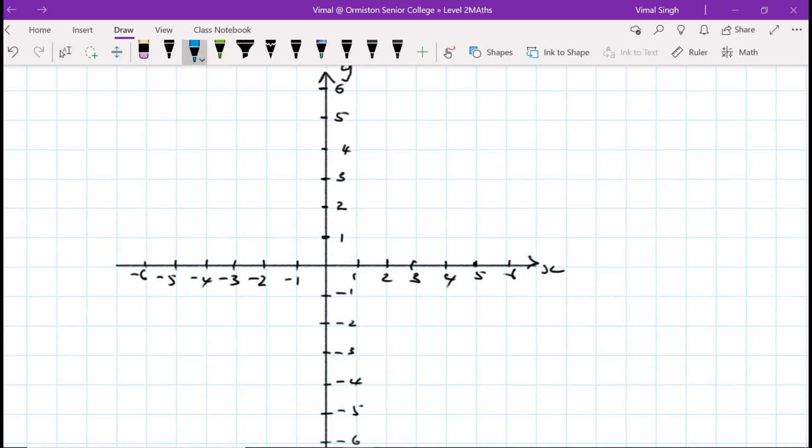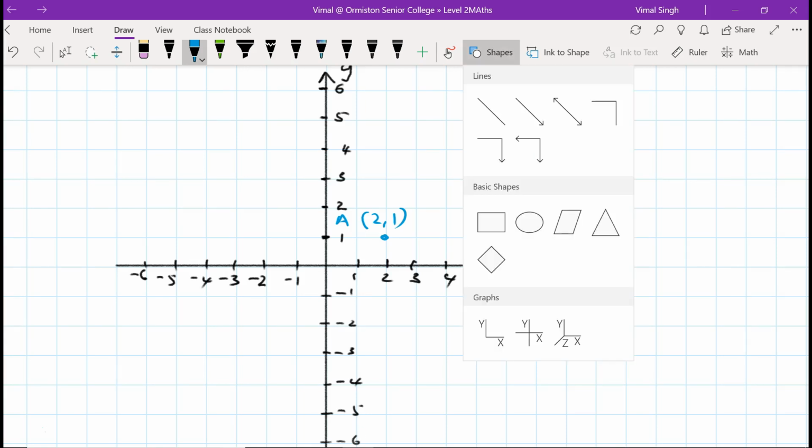So let's say this point over here is 2, 1. Let's label this as A. And the other one I'm going to do is 6, 5. This point B is going to be 6, 5.